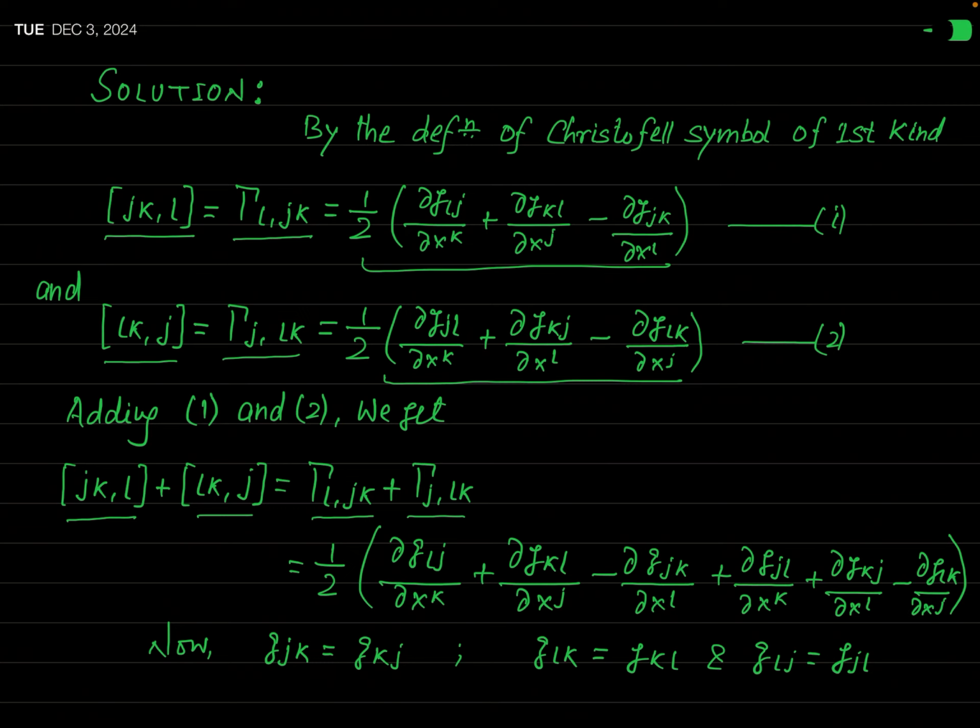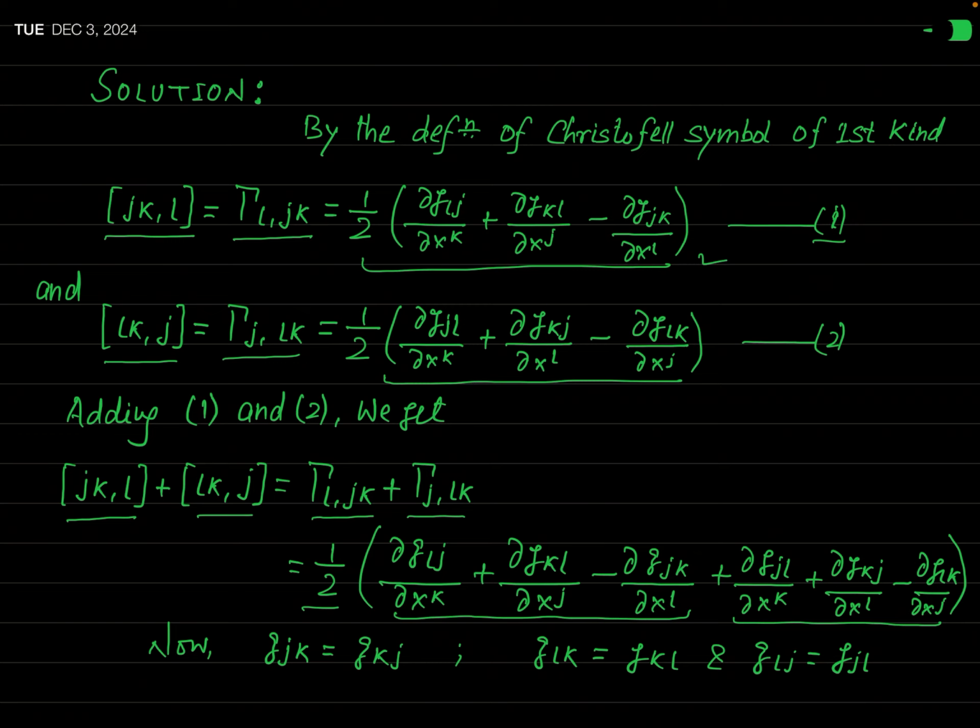So you can see this gamma L comma JK is equal to this much. I have substituted its value. When you add the RHS of equations 1 and 2, you can see this 1 over 2 is a common factor, so I have taken it common. This is the expression taken from equation 1, and this is the expression taken from equation 2.